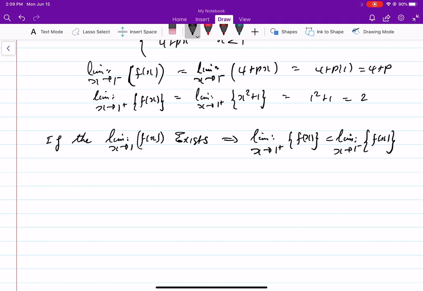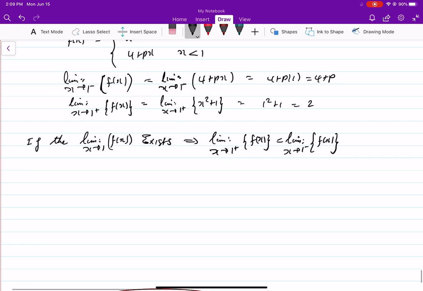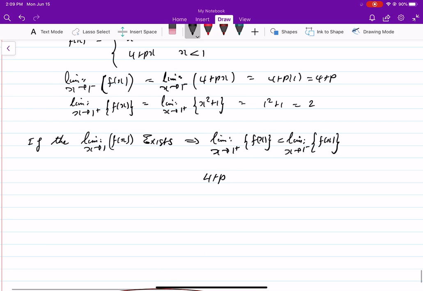And therefore the 4 plus p would have to be equal to 2, right? The 2 is for the 1 plus, and the 4 plus p is for the 1 minus. They must be the same, which makes p equal minus 2.